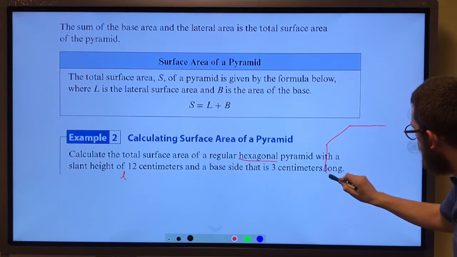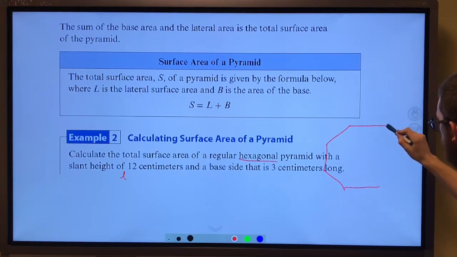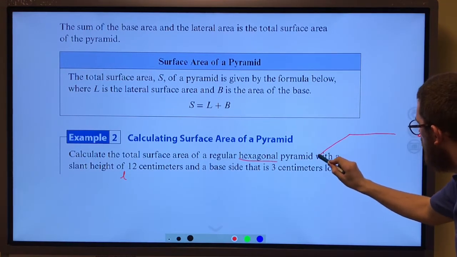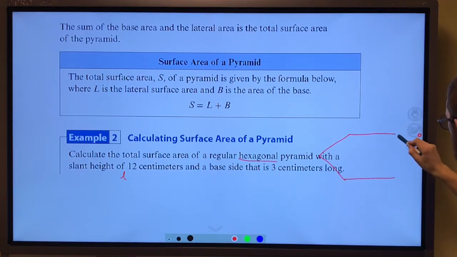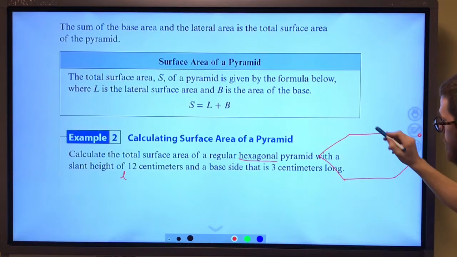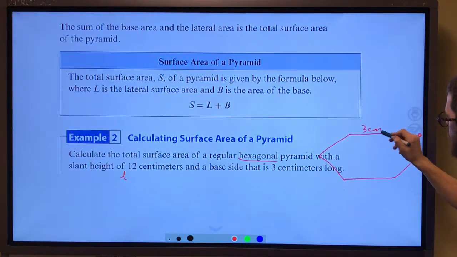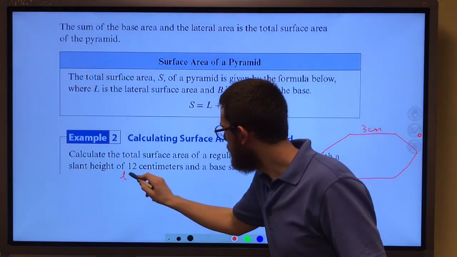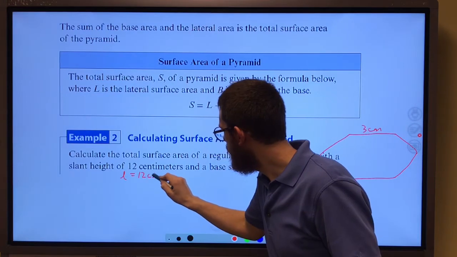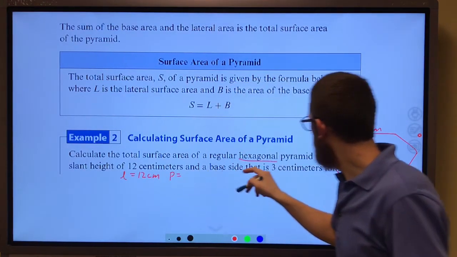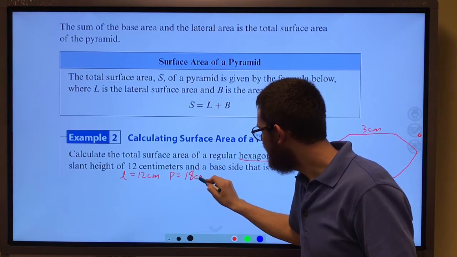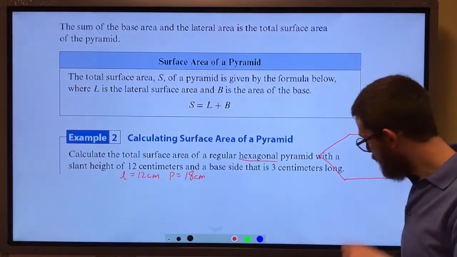Try my best. Hexagon here. No, that would be an octagon. All right, trust me, that's good enough. Each side is 3 centimeters long, so we know the perimeter is six sides, each one 3 centimeters long, would have to be 18 centimeters.